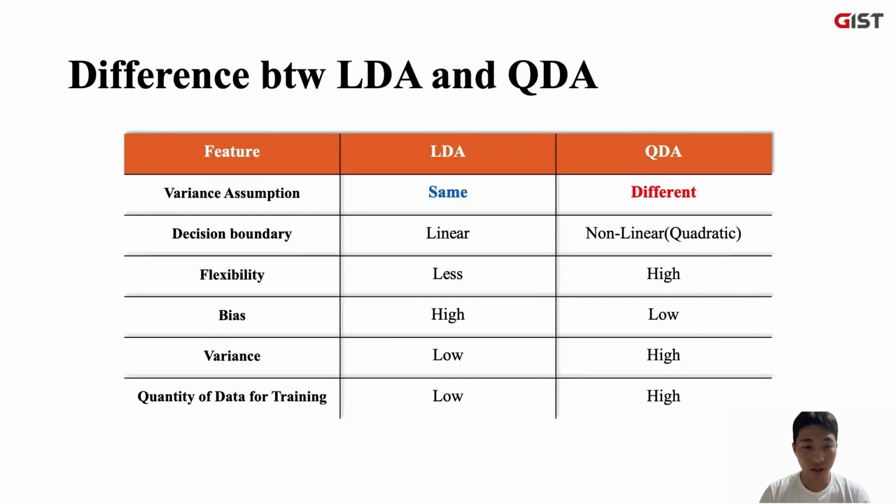To estimate these many parameters without overfitting, it requires a high quantity of data. In conclusion, neither model is always superior. LDA is a good choice when you have a small amount of data or when you believe the decision boundary is truly close to linear. On the other hand, if you have a large training data set and expect the boundary to be more complex and nonlinear, QDA will likely provide better performance.